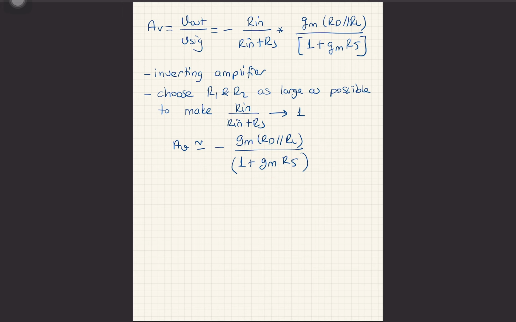So this is a quite important outcome of this expression. So gain is decreased by 1 plus Gm Rs compared to common source amplifier.